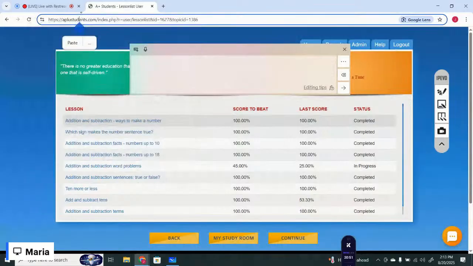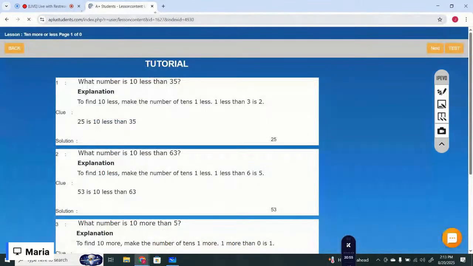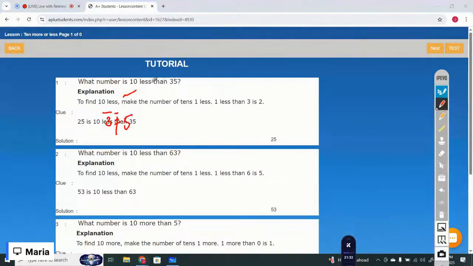The next lesson is 10 more or less. Which number is 10 less than 35? 10 less than 35 means we need to make the number of tens one less, which means you subtract 1 from the tens.